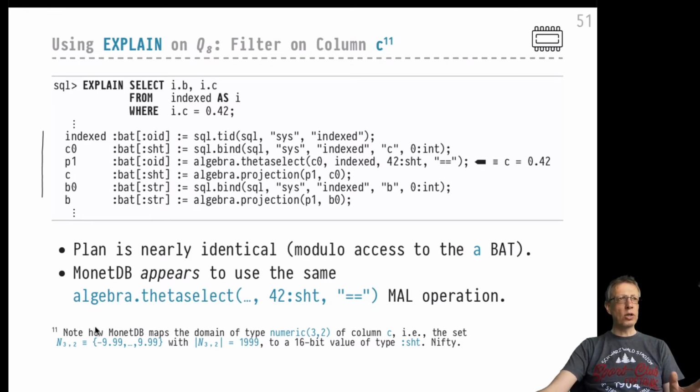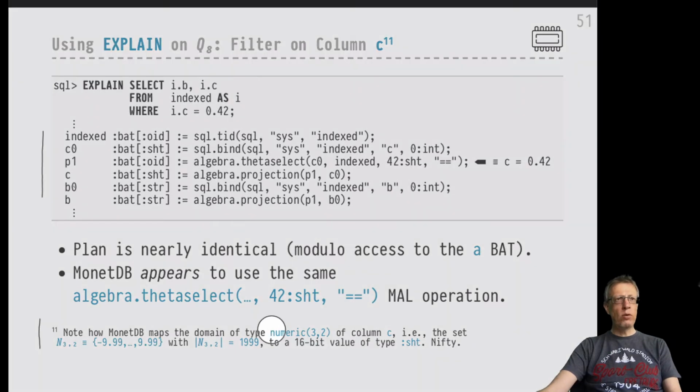Why does this work? Well, this footnote explains this nifty trick that's played by MonetDB. This is the actual type that we had defined for the C column. If you look at the values that this particular type admits, then this would be the set of values that is admissible. Of course, they have 3 decimal digits, numeric 3. 2 of these digits are behind the comma, so that's the comma 2 here. That's the range of values that you could represent with that.